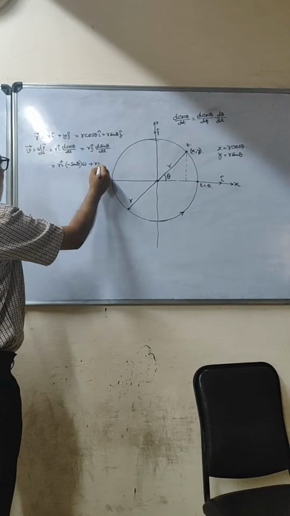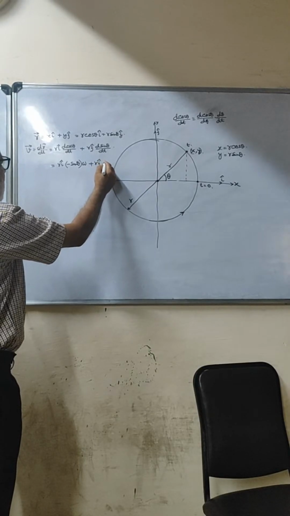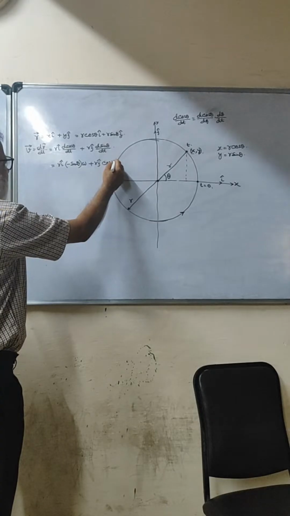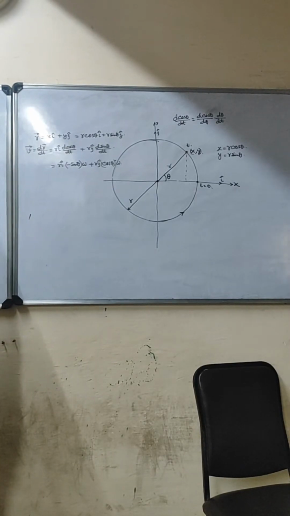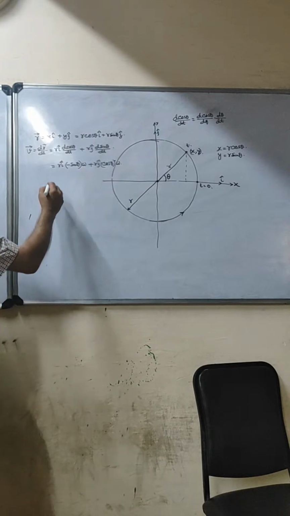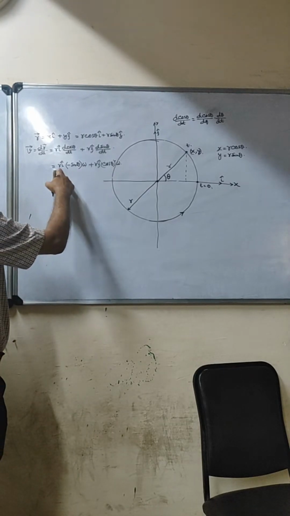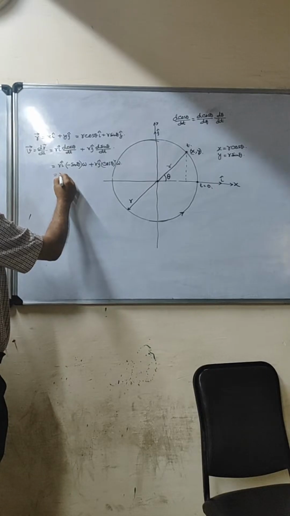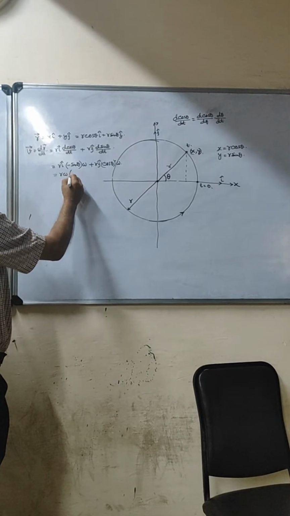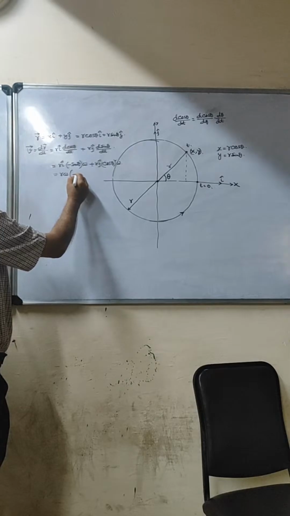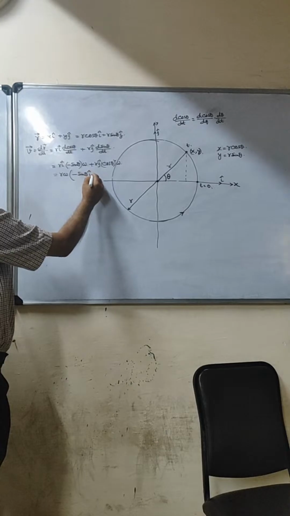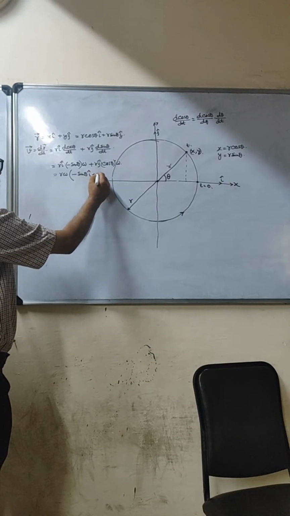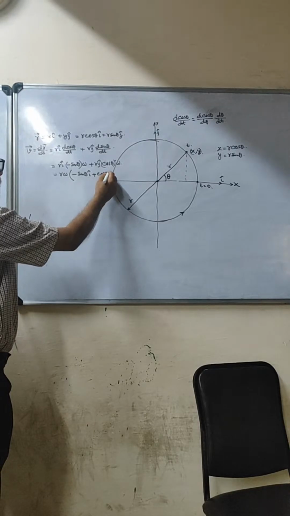Likewise, this one is r j hat cos theta into omega. Agreed? There is r omega I can take out as constant. It is minus sin theta i cap plus cos theta j cap.